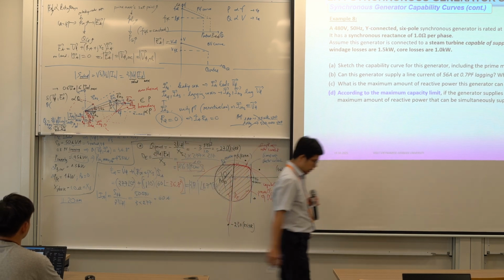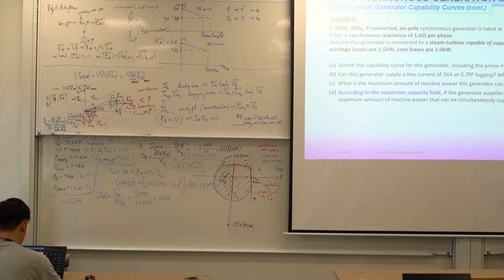So for question B, we have another load, right? At the beginning, we have a lagging load with 0.8 power factor. That means theta is 37 degrees and IA is 60 ampere, right?